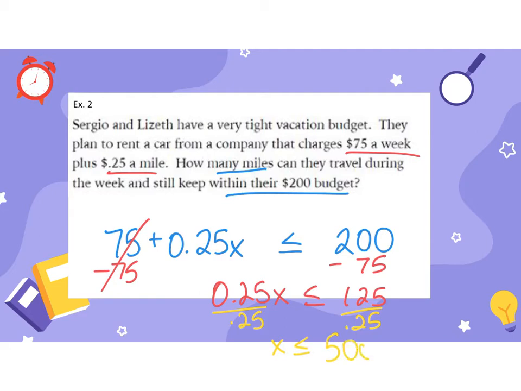So x is less than or equal to 500. 500 what? Miles. So how many miles can they travel during the week and still keep within their $200 budget? 500 miles or less, right? They can't go over 500, but they can go 500 or less and still stay in their budget.